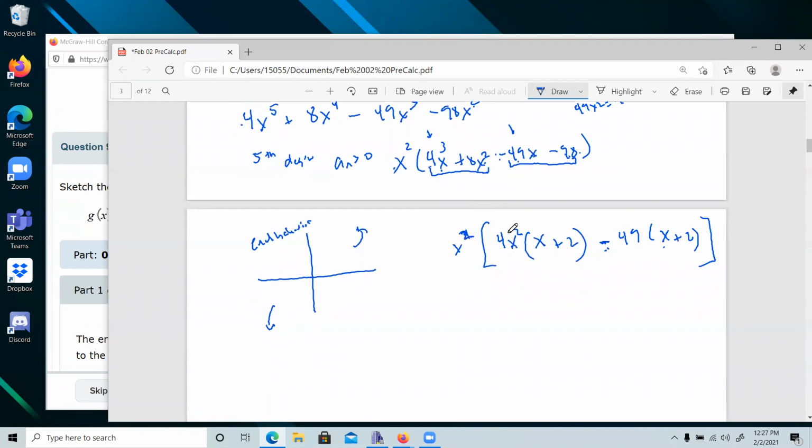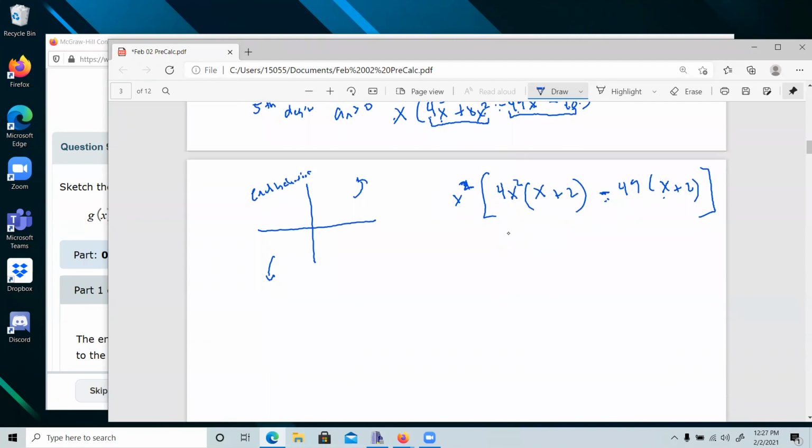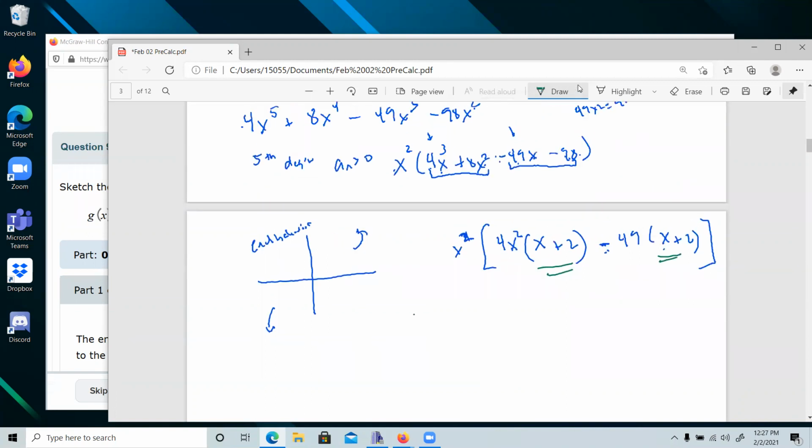Not done yet. Notice that we have an x plus 2 common to both terms. We could pull that forward, we could factor that out as well. So we can have an x squared, I'm going to put the x plus 2 here, and then what do we have left? 4x squared minus 49. If I were to distribute this back, we would get the same thing.